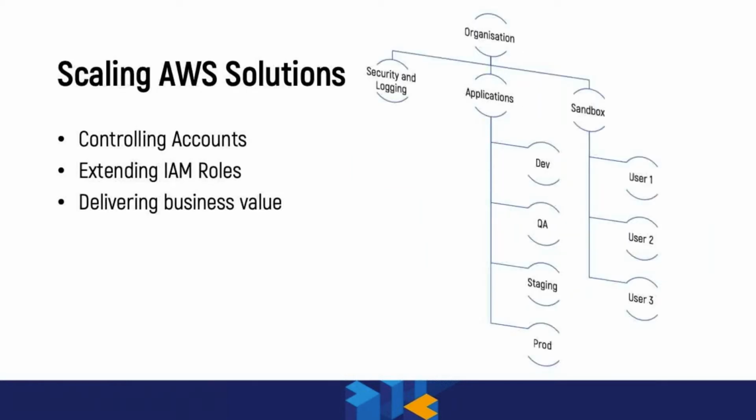If we imagine the whole world of AWS, being able to use the whole world of AWS is a challenging environment to be in. If we think about controlling AWS solutions, we're thinking about controlling multitudes of accounts with connected services, extending IAM roles, and really starting to deliver business value. And that's where a lot of the challenges come with expanding out your AWS use. It's not necessarily with the applications that are running on a virtual machine or a cluster of virtual machines.